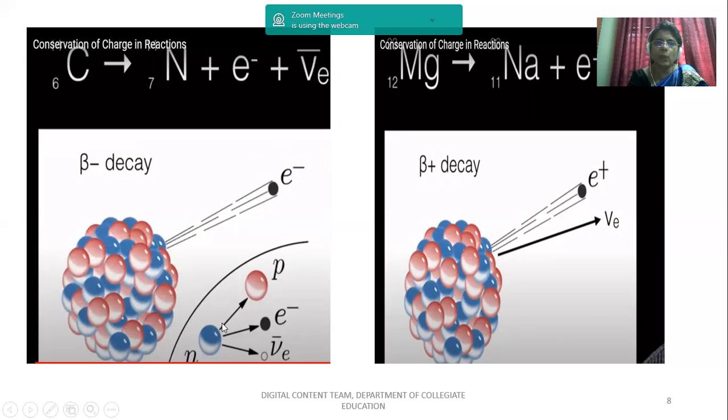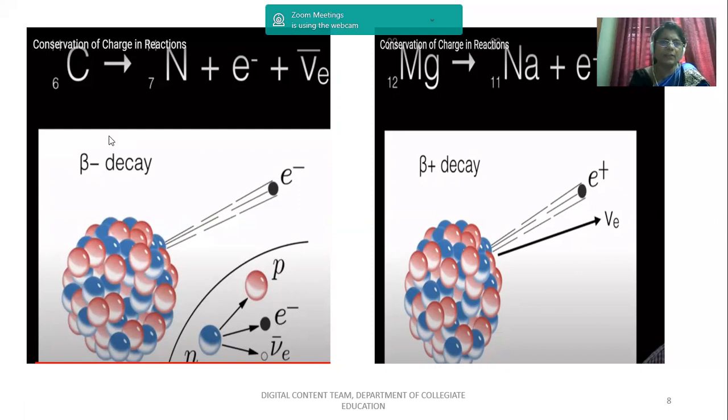And here one neutron gets converted to a proton along with the release of a negatively charged particle, that is an electron, along with an anti-neutrino, that is the anti-electron neutrino. So this type of reaction is called a negative beta decay reaction or negative beta decay process.